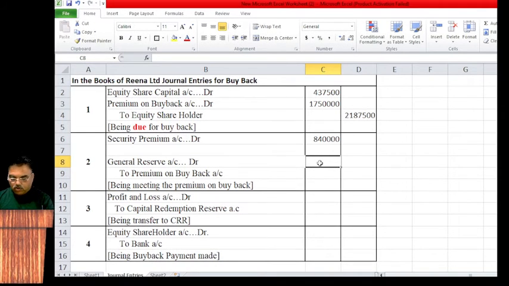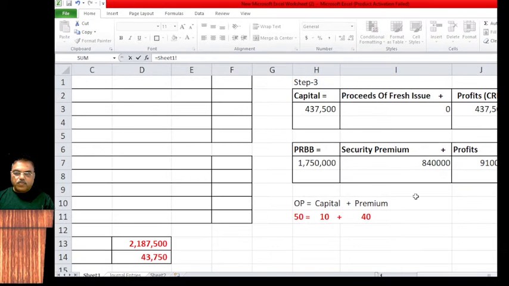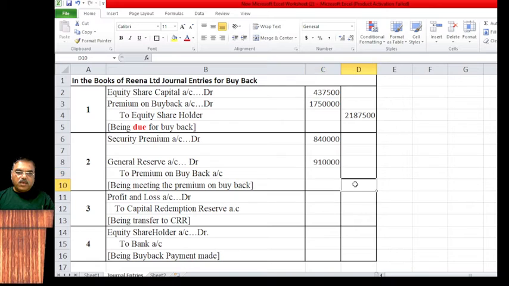General reserve, how much amount have we used? 9,10,000. And here premium on buyback is nothing but whatever premium we are going to pay, that is 17,50,000. Or you can take the total of these two. Same amount you will get, 17,50,000.